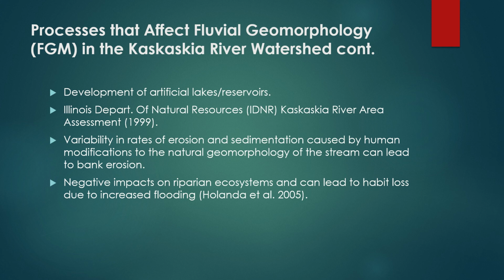So negative impacts on riparian ecosystems can lead to habitat loss due to increased flooding. So these are some of the impacts of just some of the anthropogenic factors that affect fluvial geomorphology.